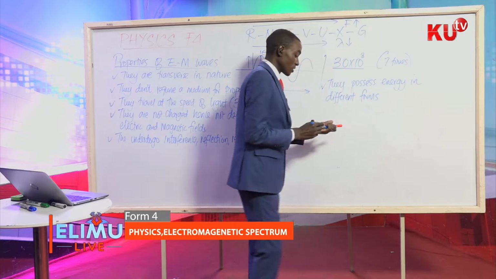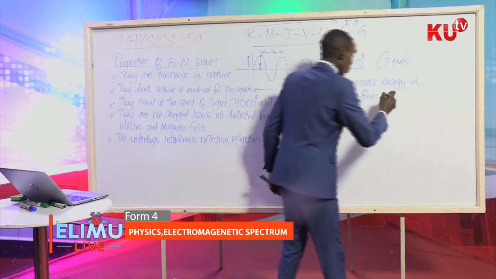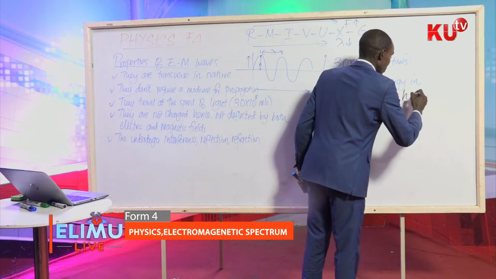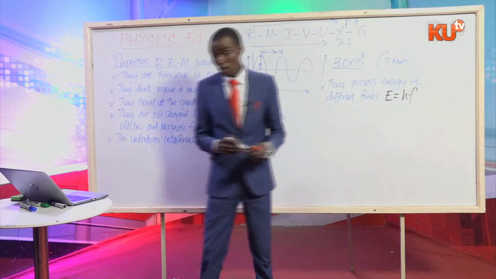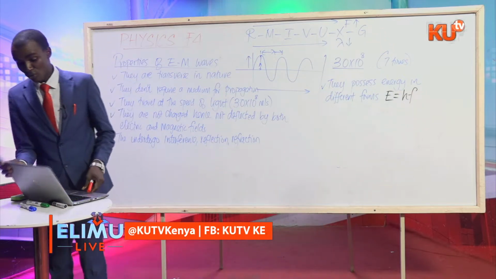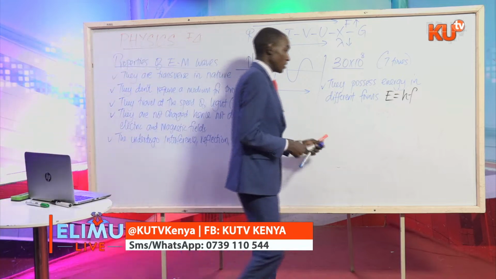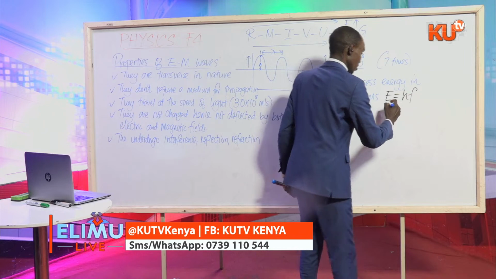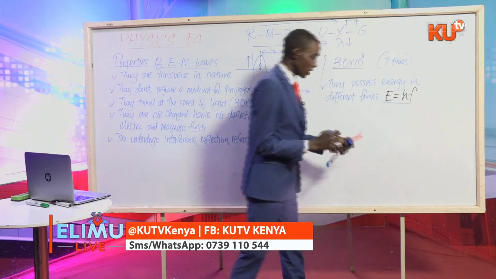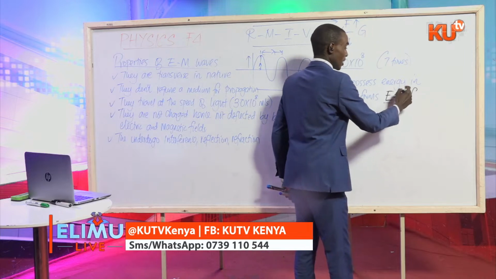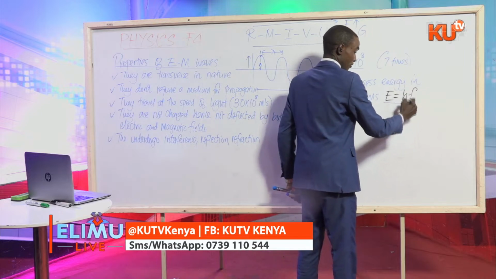In different forms, and that is given by a classic equation, E equals hf. So what that means is that the energy these electromagnetic waves possess will be governed by this equation. And clearly from the equation you can see that E, being the energy, is directly proportional to f.